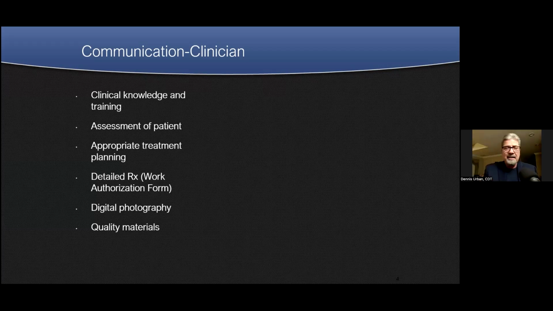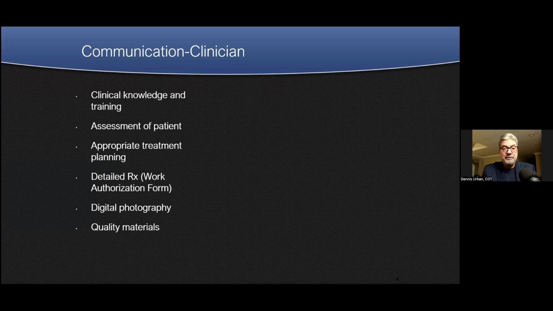It's really important. We can't just have do a full upper, full lower setup, shade A2. I would like to know the background of the patient. I want to see digital photography. I want to feel like that patient is at the bench with us in the laboratory, so we can actually make a denture that's going to be functional, aesthetic, and is going to last a long time.